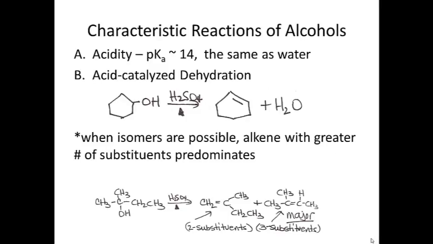The first thing worth mentioning about alcohols has to do with acidity. They have a pKa, which is the negative log of the dissociation constant of an acid. I know that you all are familiar with pH, the negative log of the hydrogen ion concentration. When we talk about acids, molecules that release hydrogen ions in solution, we can look at the dissociation constant, calculate an equilibrium position for that, and the negative log of that is referred to as the pKa.